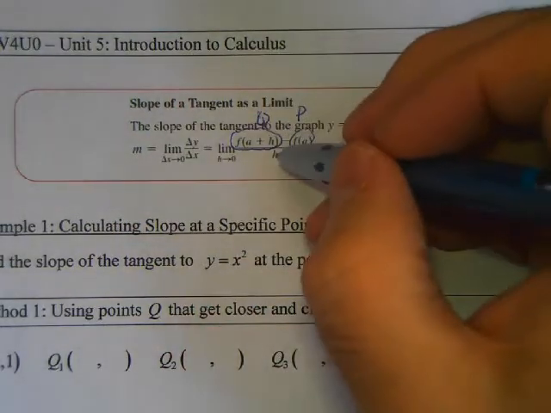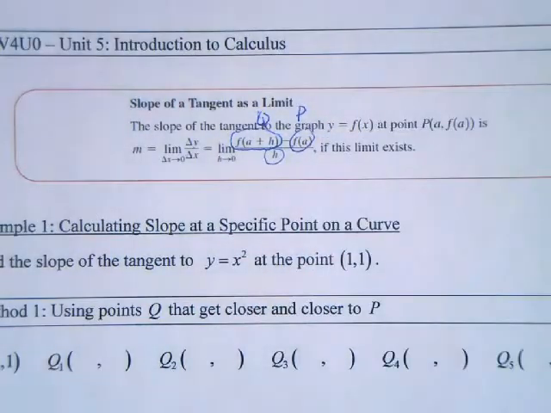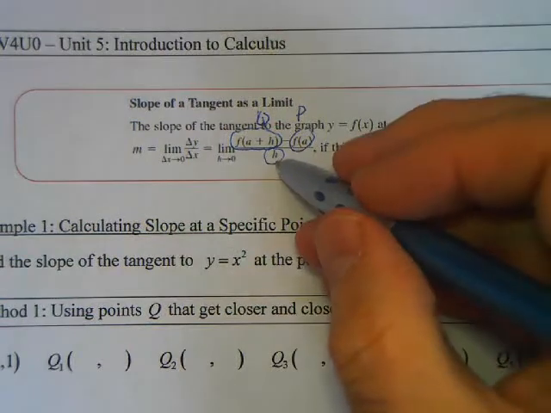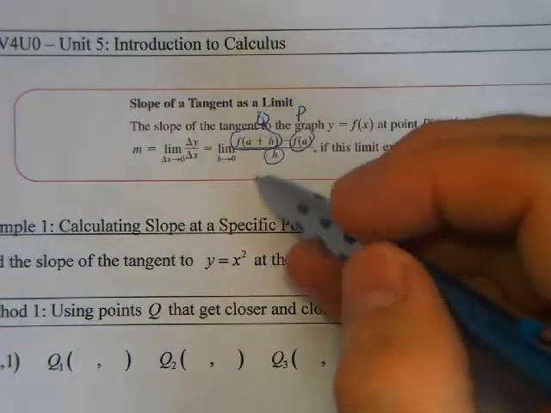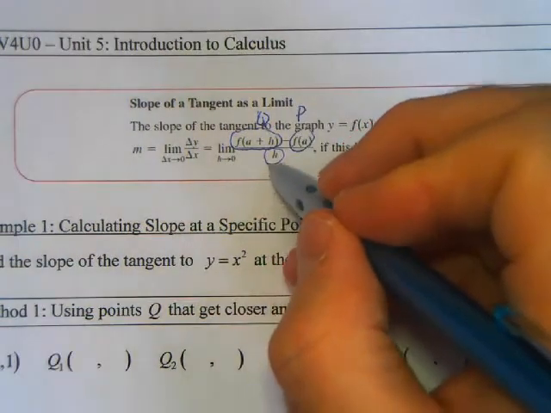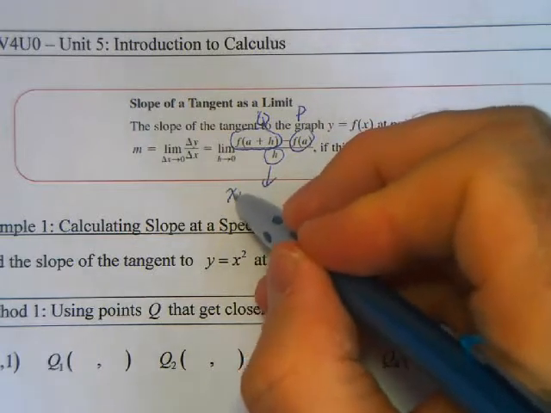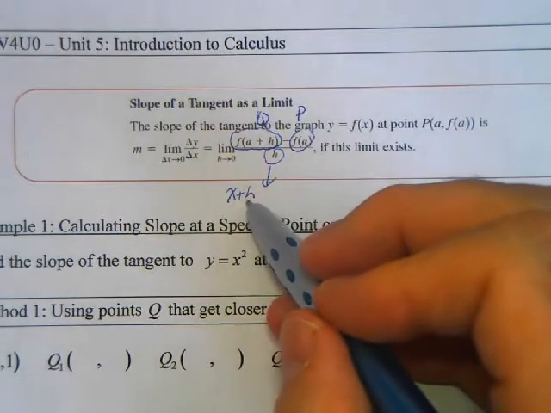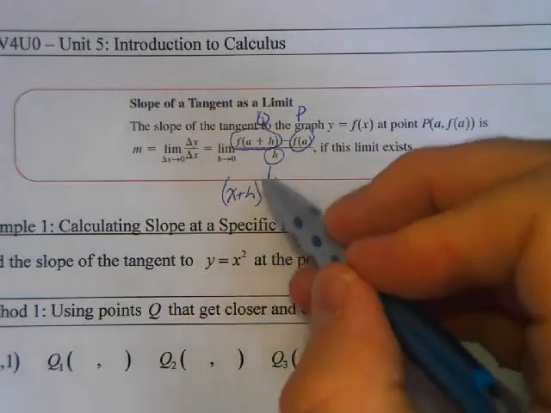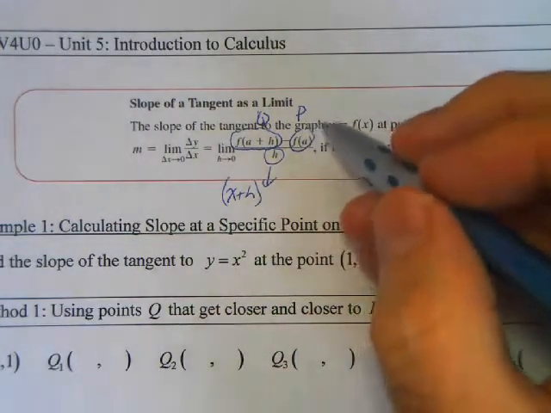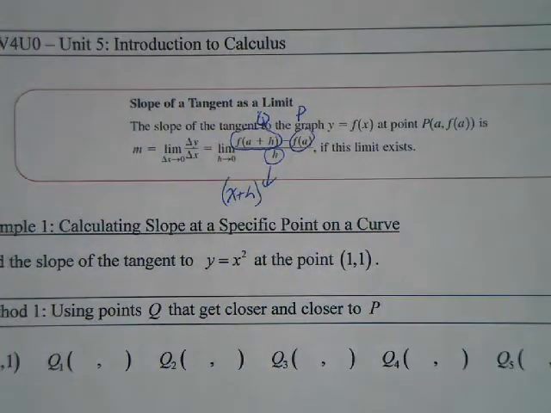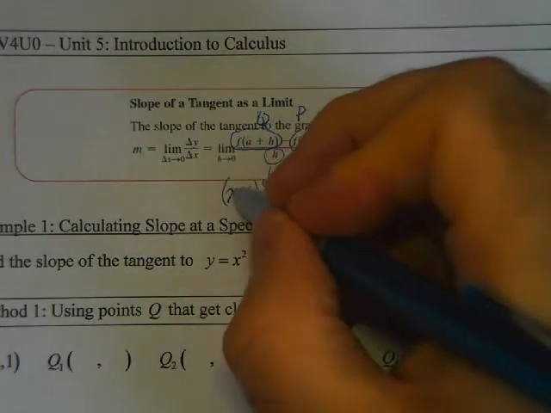This can be a little confusing at first, but the x coordinate of Q is a plus h.